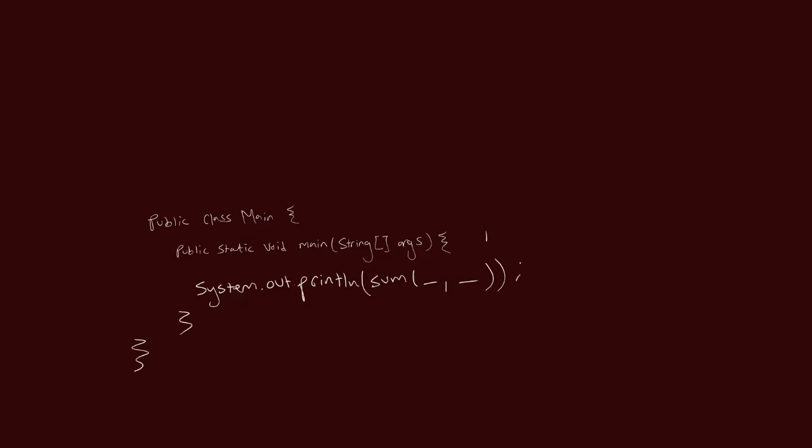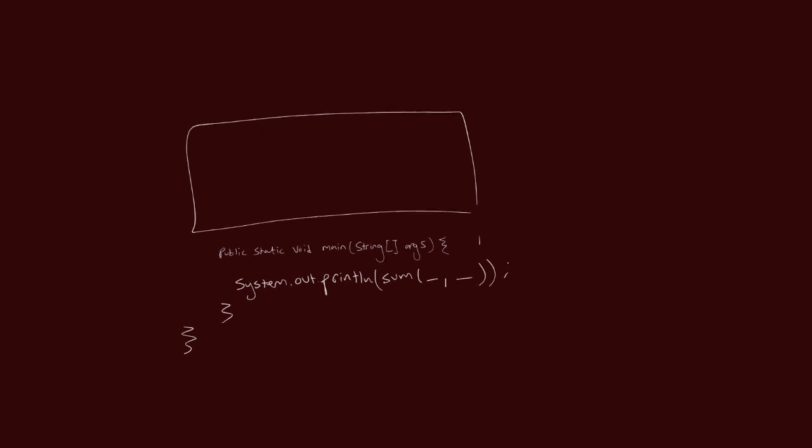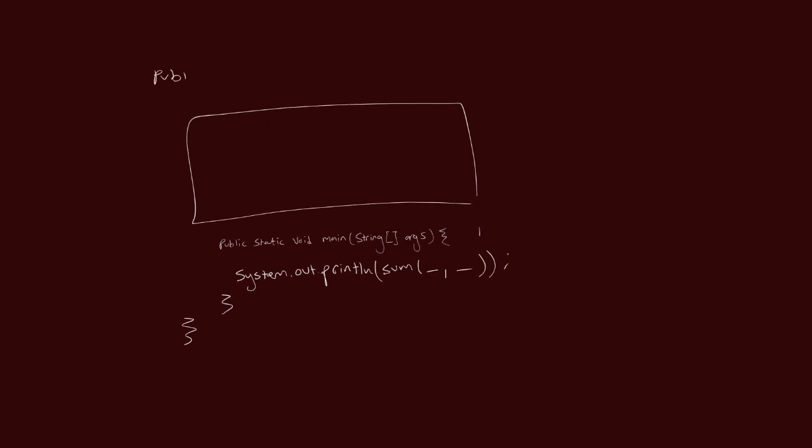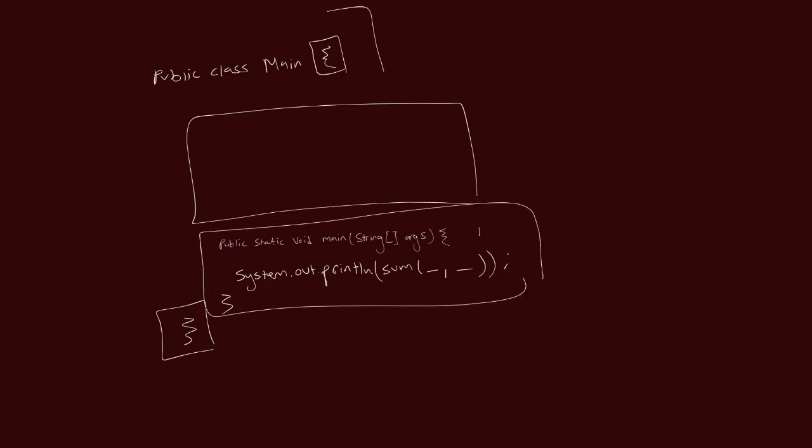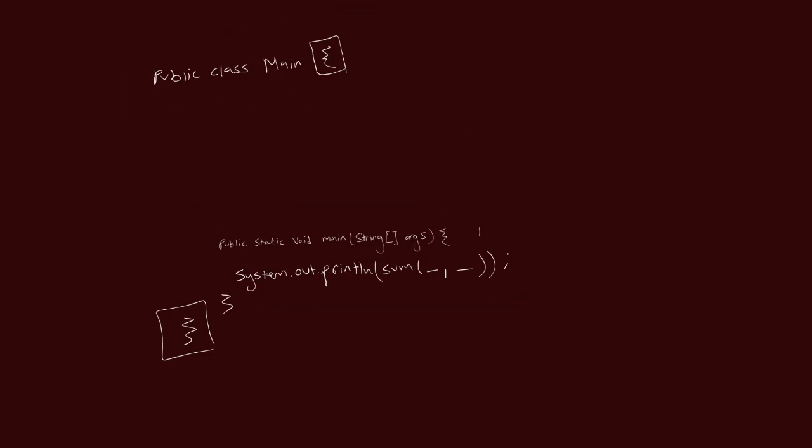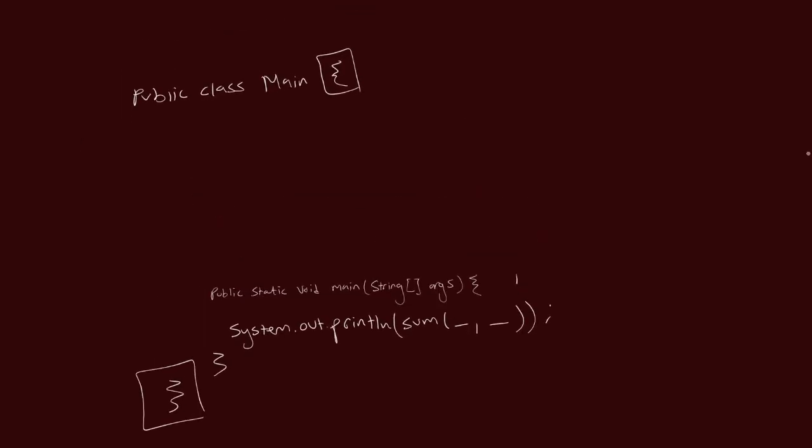And so we'll put our method block in this section. So the method and the public static void main block are both going to be under the public class main block. Okay, so the method will start writing from here.